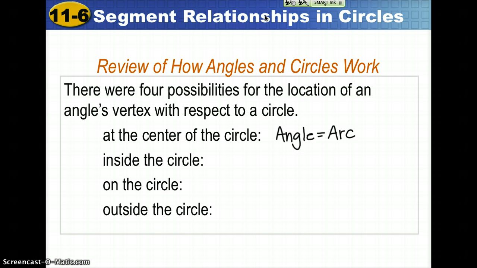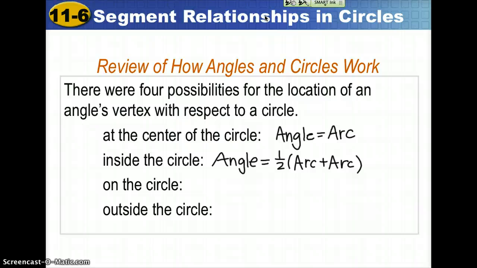Inside the circle, that means it's not at the center, but it's not all the way to the outside. In that case, the measure of the angle equaled half the measure of the two intersected arcs. So whatever arcs the angles made, those two arcs added together, half of that gave us the measure of our angle.